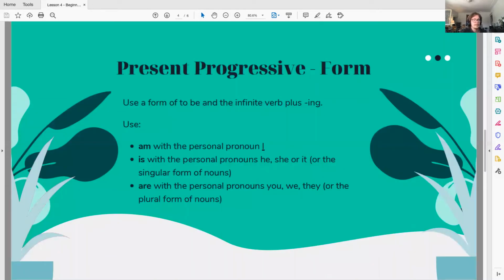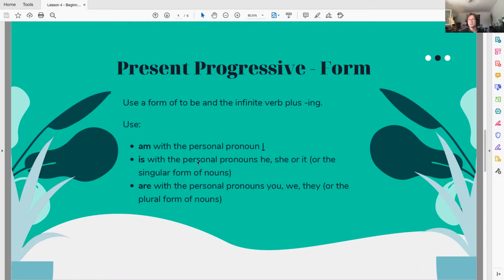Now, with the present progressive form, we would use a form of to be and the infinitive verb plus the ing suffix. If we're talking about a personal pronoun such as I, the verb to be for that would be am. So, I am. For a personal pronoun such as he, she, or it, the singular form of nouns, we would say is.